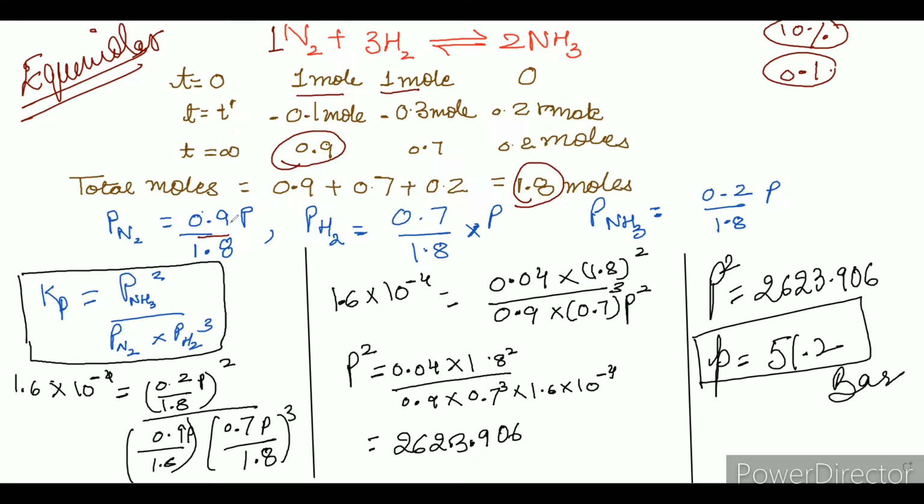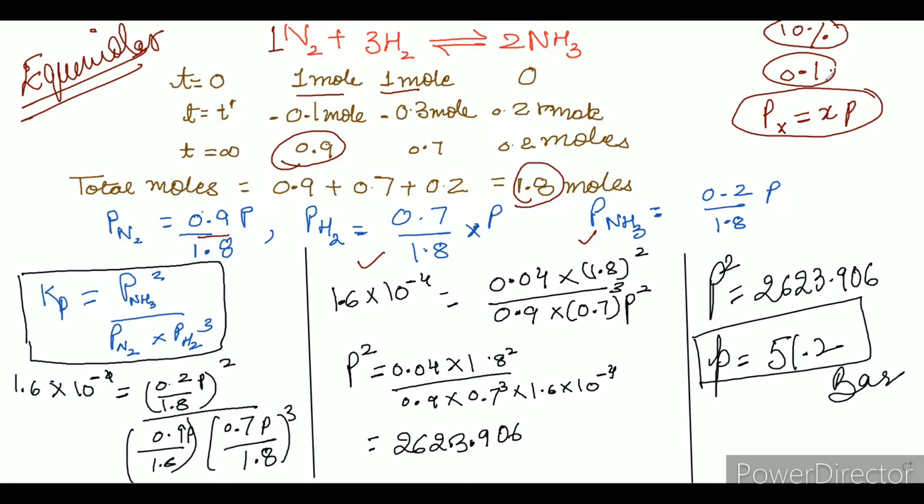And similarly for hydrogen, we can calculate this, and similarly for ammonia, right? Mole fraction is given moles by the total number of moles. So we are just substituting their values. The formula is P equals X times P, where X is the mole fraction and P is the total pressure. This is our formula, right?